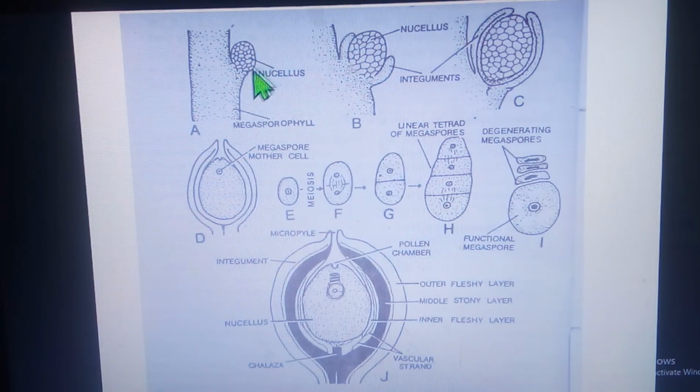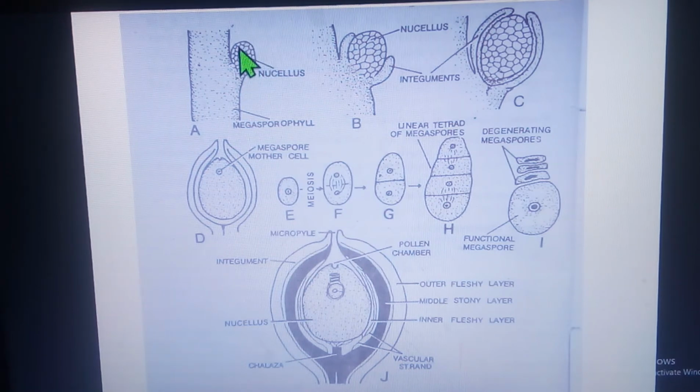Now this ovule develops from a group of hypodermal initial cells. These initial cells, usually 4 to 6 cells on the axis of a young Megasporophyll, begin to divide.